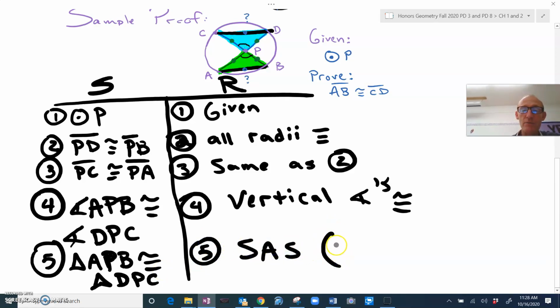And that is 2, 4, 3. 2 is the first side, 4 is the angle, 3 is the third side.